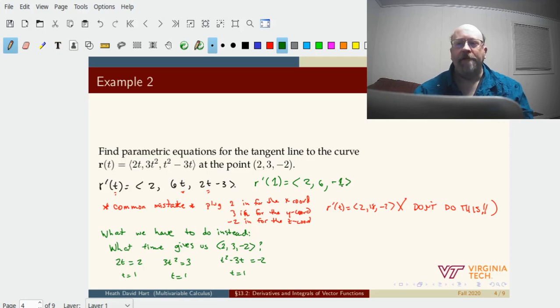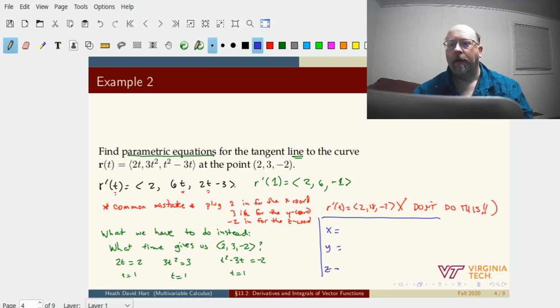Now, this is not the answer. The question is looking for parametric equations. But they're equations for a line, and we know what that should look like. The equations for a line look like mt plus b, and m is the slope.